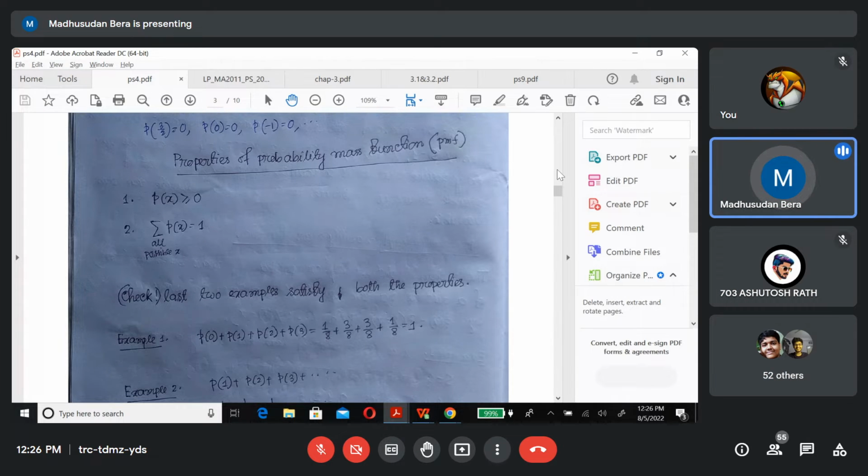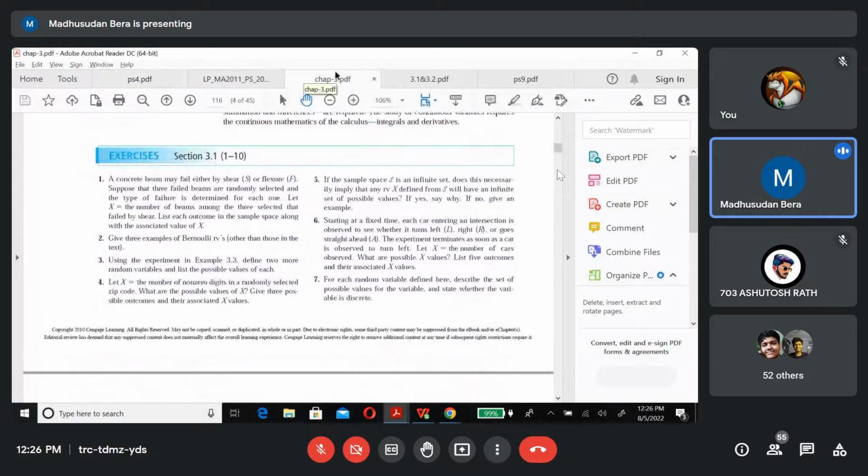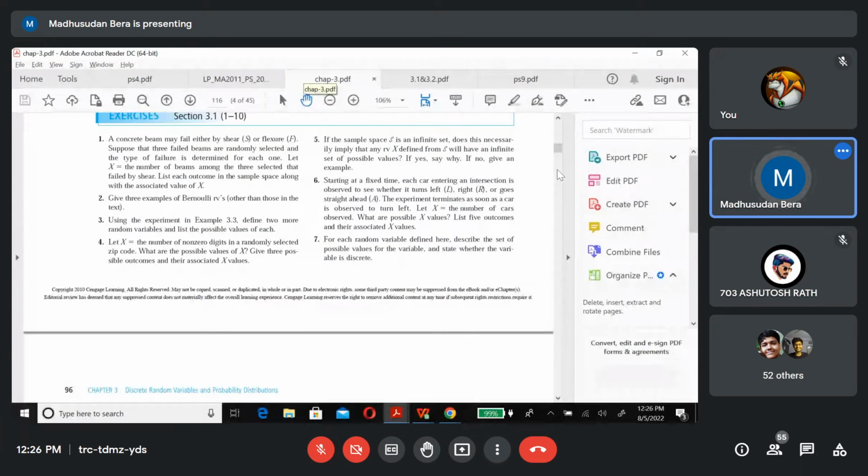Before going to the next thing, we will solve some questions related to random variables. See here, question 1, section 3.1. A concrete beam may fail either by shear or flexure. Shear S, flexure F, so two types of failure. Suppose that three failed beams are randomly selected, and the type of failure is determined for each one.